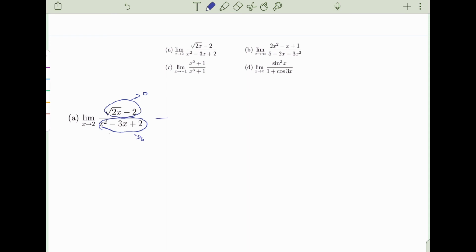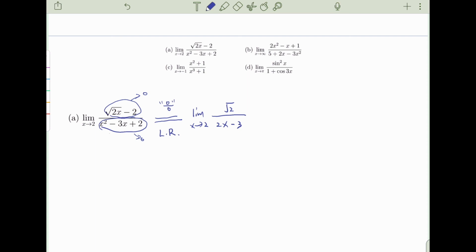So it's a 0 over 0 type, and we are allowed to use the L'Hopital rule, right? So it's equal to limit x goes to 2, and I can replace the top by the derivative of the numerator, which is square root of 2, and the derivative of the denominator in the bottom, so that is 2x minus 3.